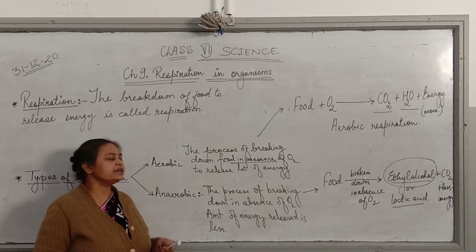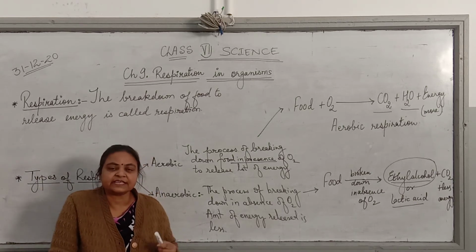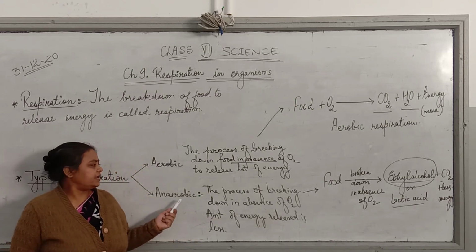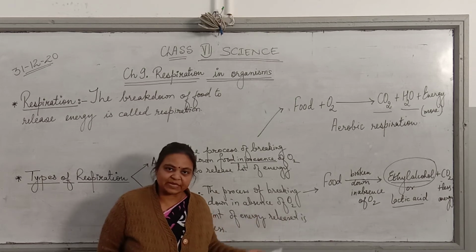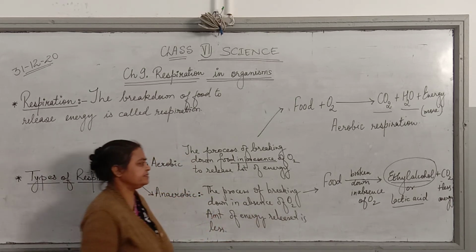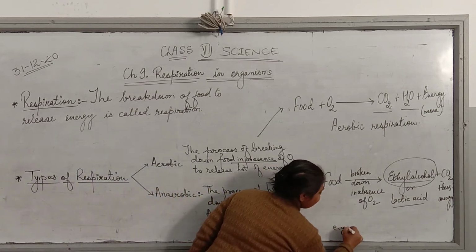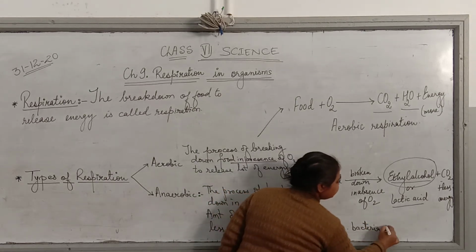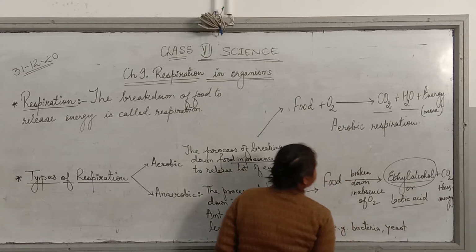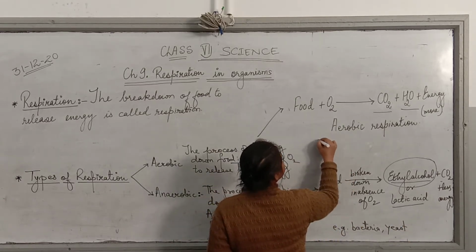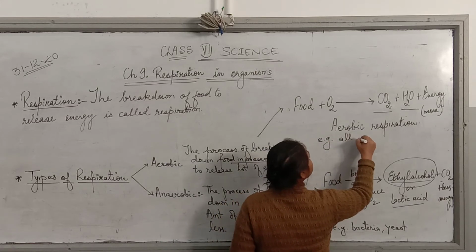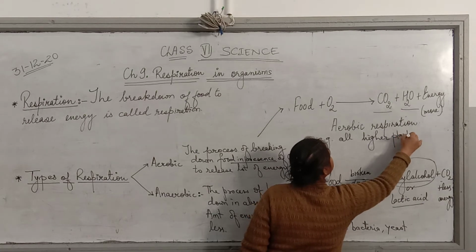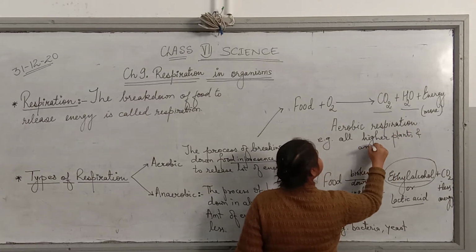Aerobic respiration occurs in higher plants and animals, and anaerobic respiration occurs in microorganisms like bacteria and yeast. So we can write here examples of organisms: bacteria and yeast in case of anaerobic respiration, and in case of aerobic respiration, all higher plants and animals.